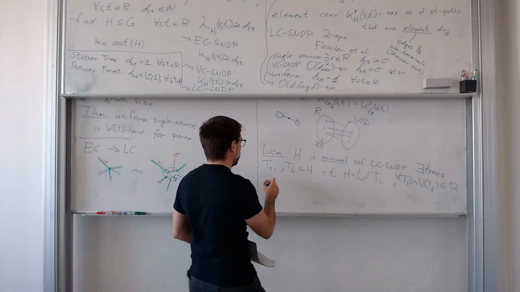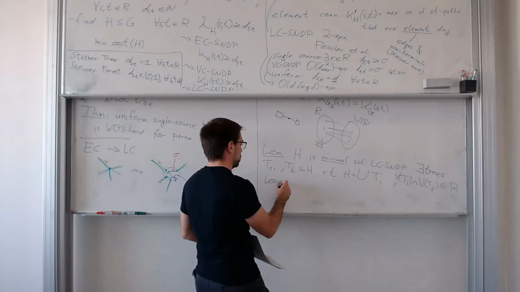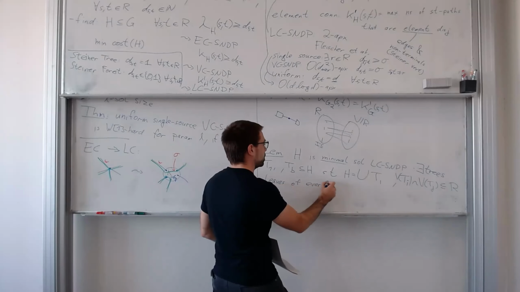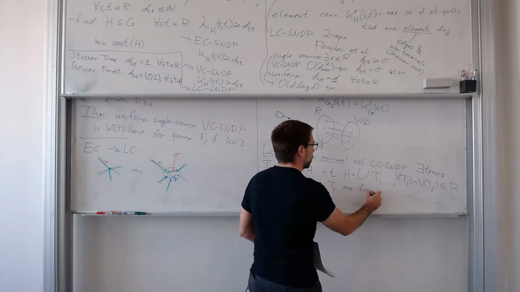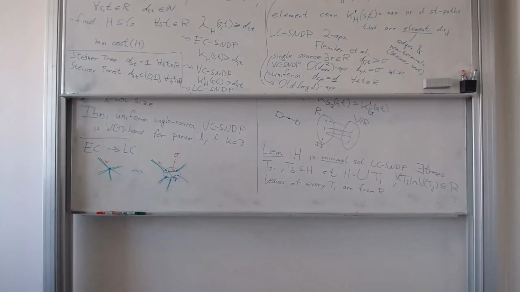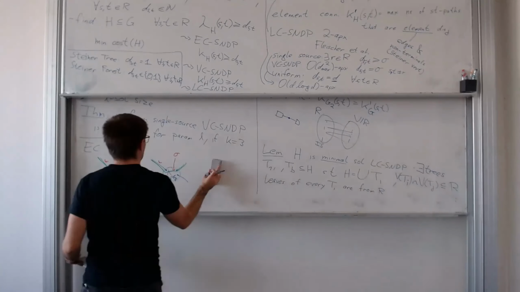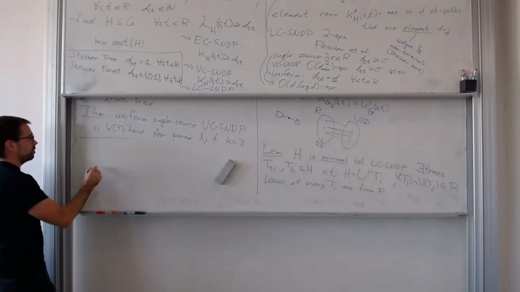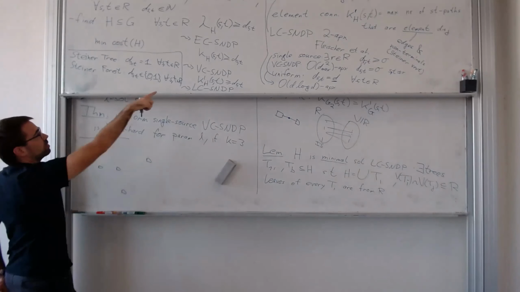And furthermore, the leaves of every such tree are from R, are also terminals. So what this means is, if you look at the solution, you have these terminals somewhere, and they have a certain connectivity, right?